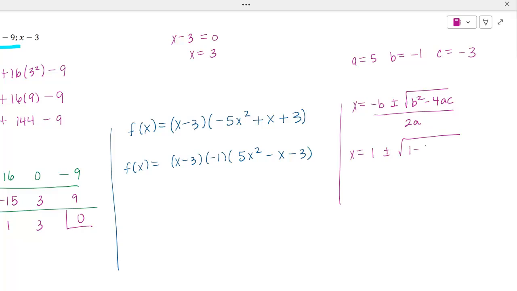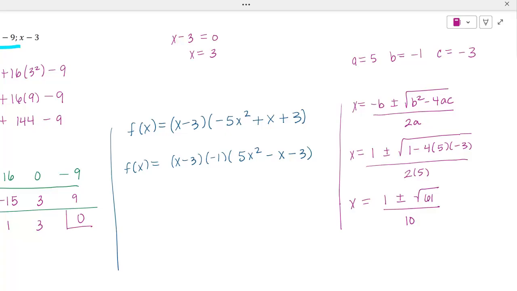This will be 1 minus 4 times 5 times negative 3 all over 2 times 5. So I'm getting 1 plus or minus the square root of 61 over 10.